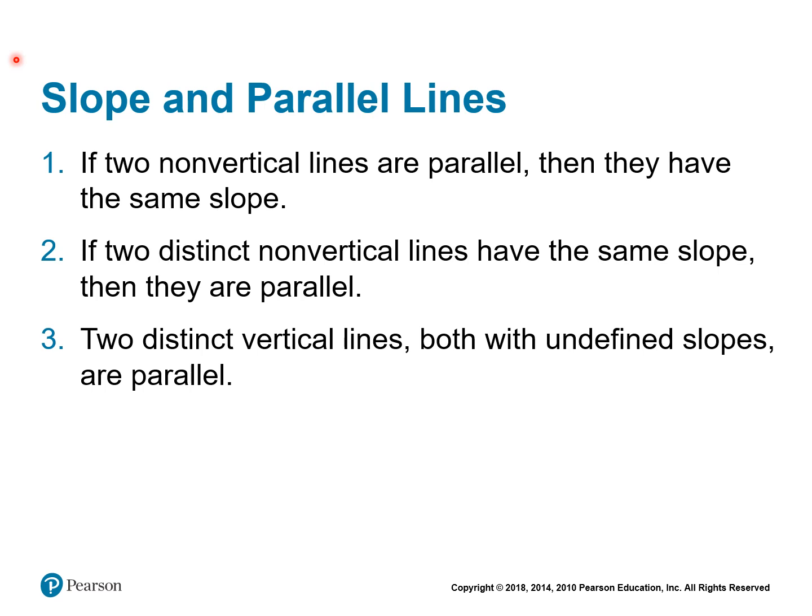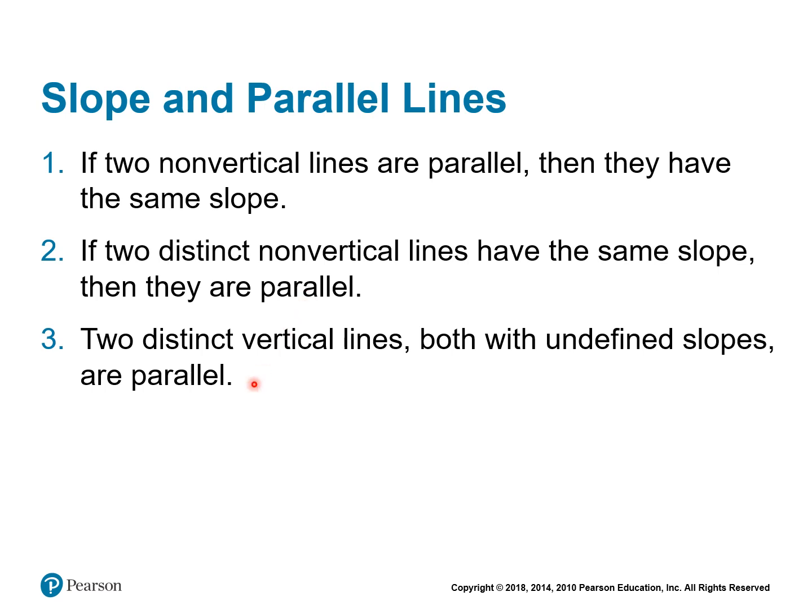If line 1 has a slope of 1/2, then the line parallel to it will also have a slope of 1/2. Conversely, if they don't tell us that the lines are parallel, but they tell us the slopes of the two lines and they are equal, then we can conclude that the lines are parallel.